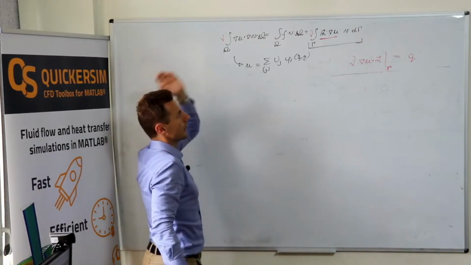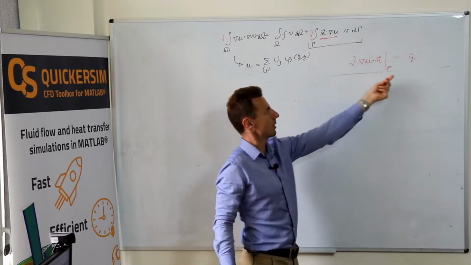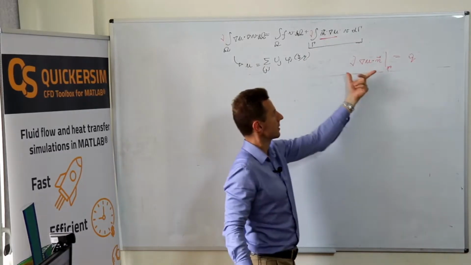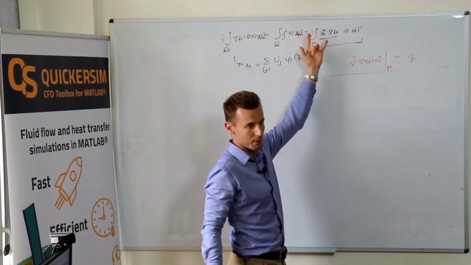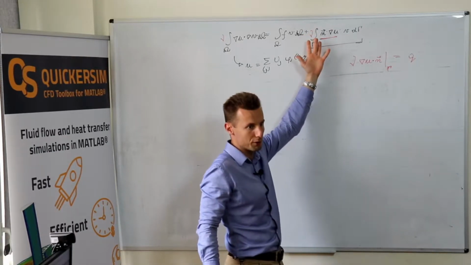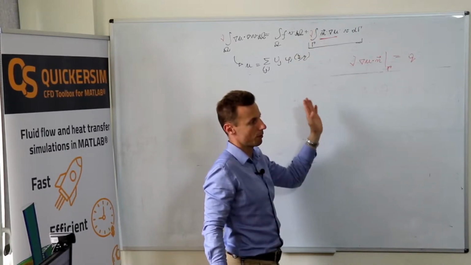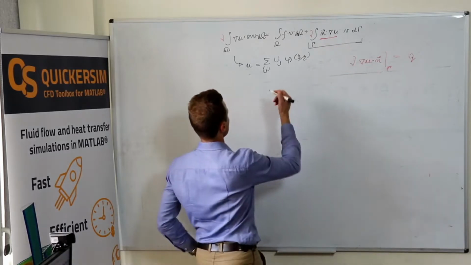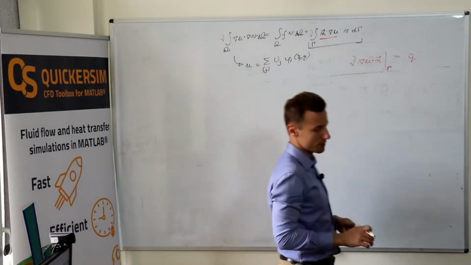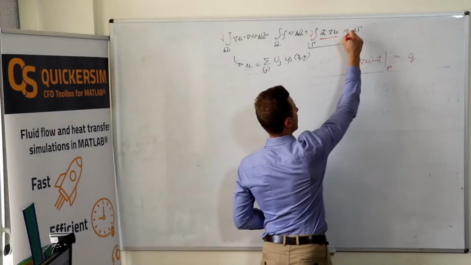That's also why it's moved to the right-hand side of the equation, because if you know your Q, this means that you know this value, and it's a known value. So you can simply integrate over the boundary. Let's be a bit closer to the discretization.